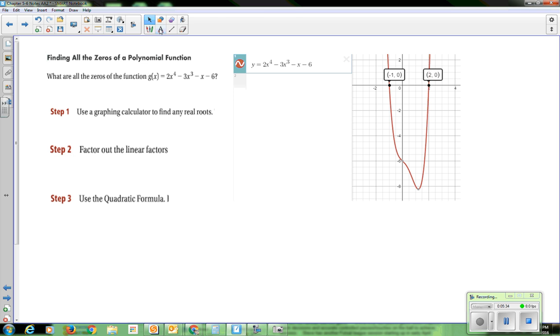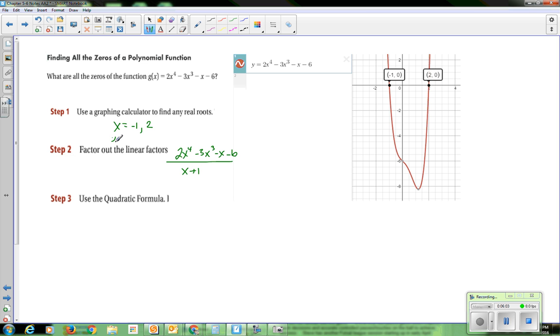Our real zeros are at x equals negative 1 and 2. So what we're going to do is factor out those factors. We're going to divide our polynomial function by our first linear factor.